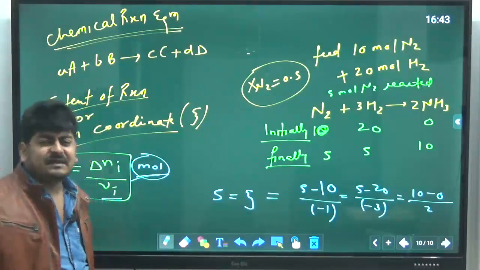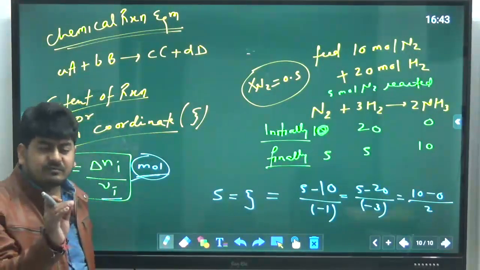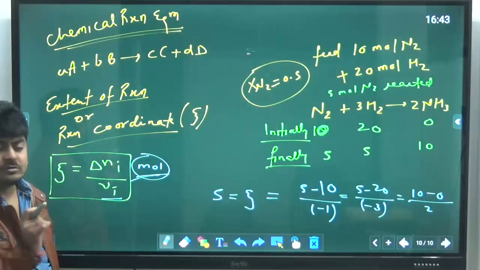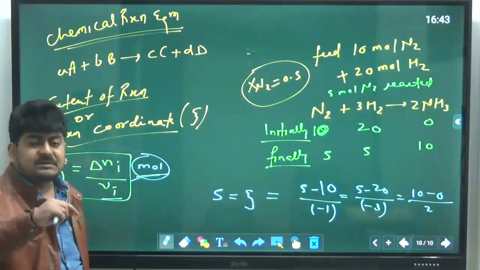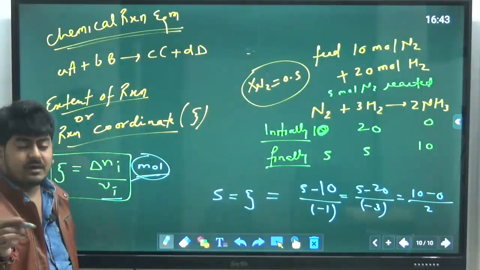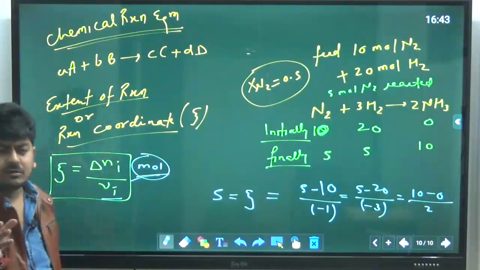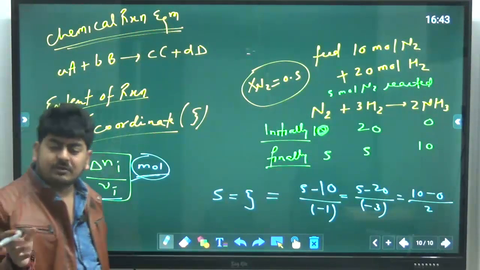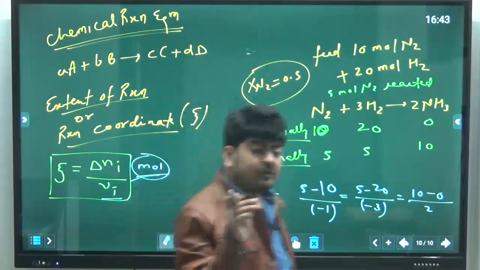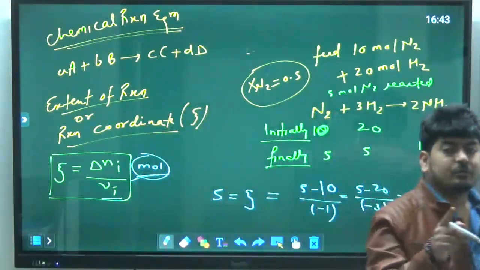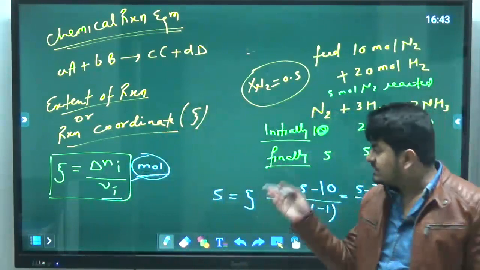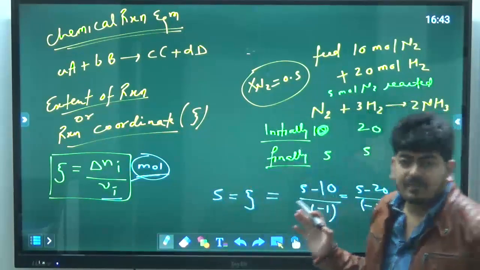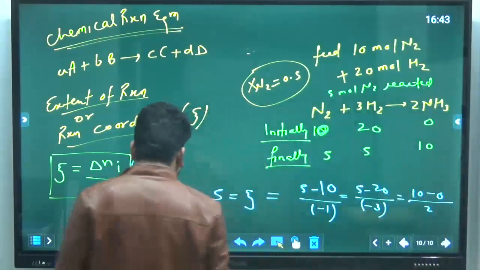See, for any given reaction in this entire world, if you know the initial feed composition, the initial moles, and the final moles, and in final moles you don't need to know the value of each and every component. Even in final moles, if you know the value of only one component, then you can calculate the extent of reaction easily.